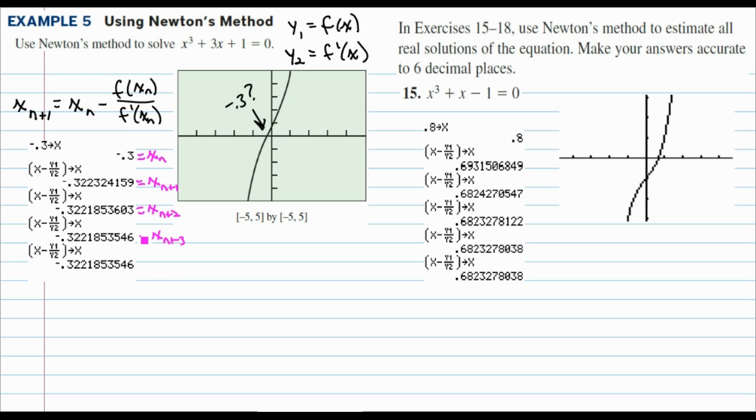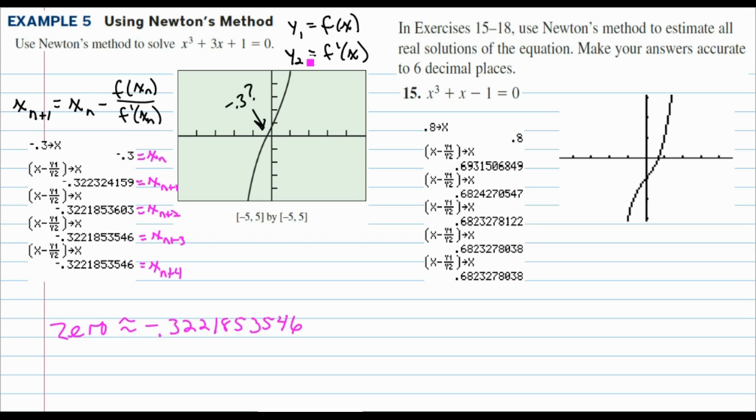Then that new x value gets plugged in back again through Newton's method, and x sub n plus 4 is exactly the same value to every decimal place I can see, at least. Therefore, I can make a great estimated guess that the zero of this function is approximately negative 0.32218535546. Approximately.